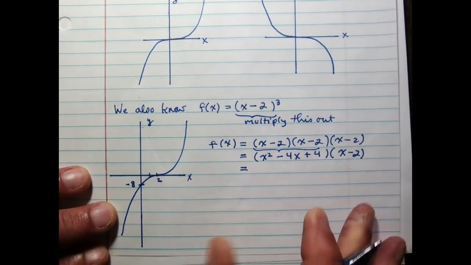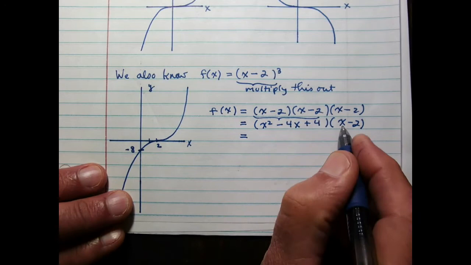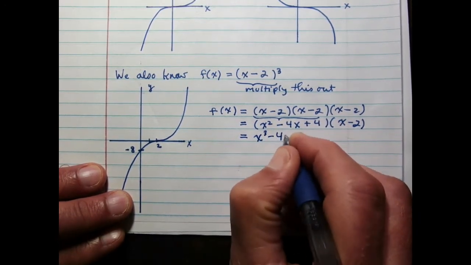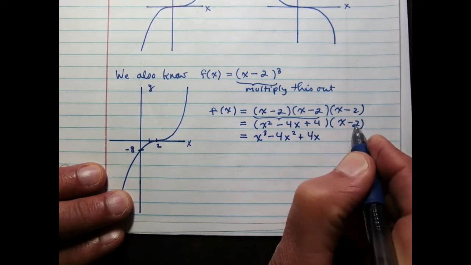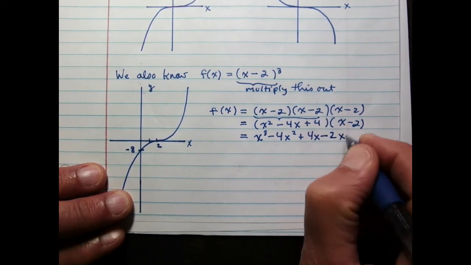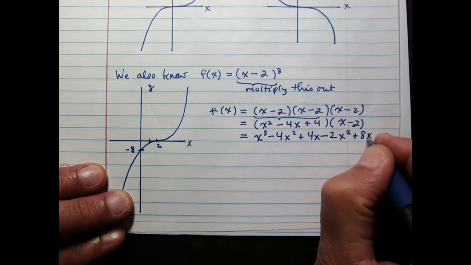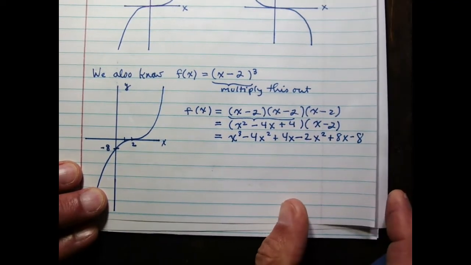And now I gotta distribute to multiply here. I'm going to take x times each one of these terms. So I get x cubed minus 4x squared plus 4x. And then I'll take negative 2 times each one of these terms. So negative 2x squared. Negative 2 times negative 4x is plus 8x. Negative 2 times positive 4 is negative 8.